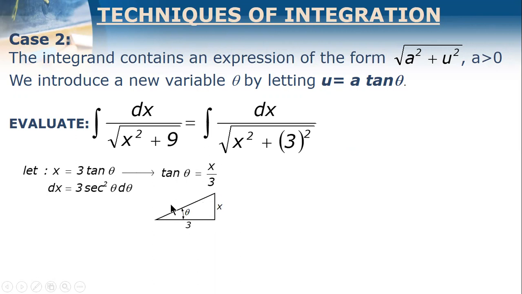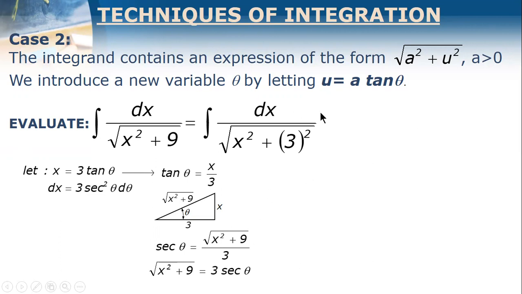So the hypotenuse is square root of x squared plus 3 squared, or x squared plus 9. Since we have secant theta, we'll get the expression of secant theta. Remember that secant theta is the reciprocal of cosine, and cosine is adjacent over hypotenuse. Therefore, secant theta is hypotenuse over adjacent. And to cross multiply, square root of x squared plus 9 is equal to 3 secant theta.